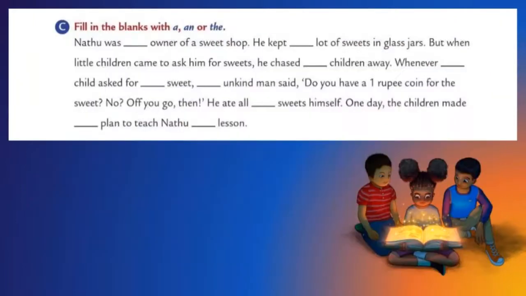Okay students, let's move to the next exercise, that is fill in the blanks with a, an, or the. Students, you should do it yourself. Just follow the rules. If a word starts with a vowel, you should write an. If the word starts with a consonant, you should write a.